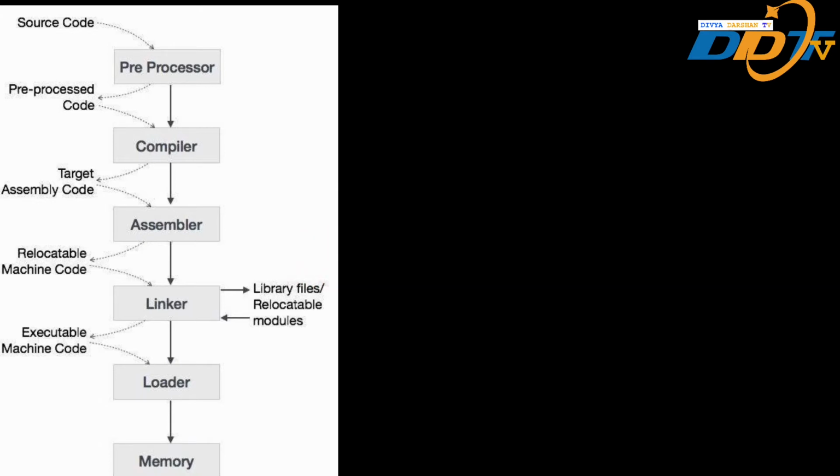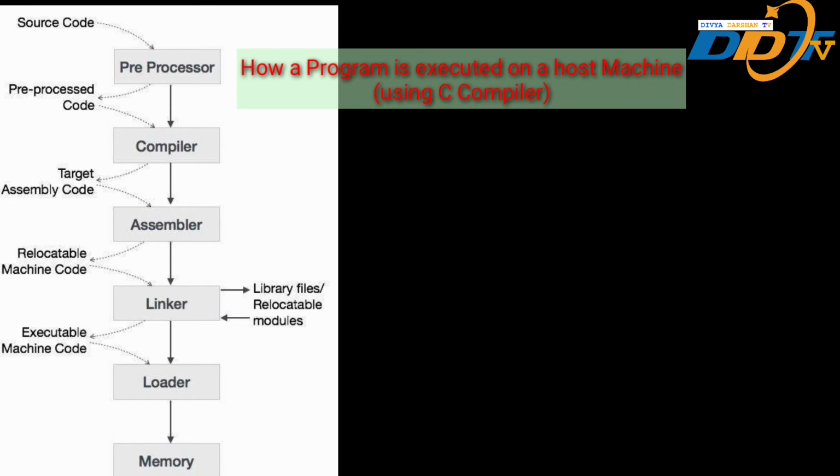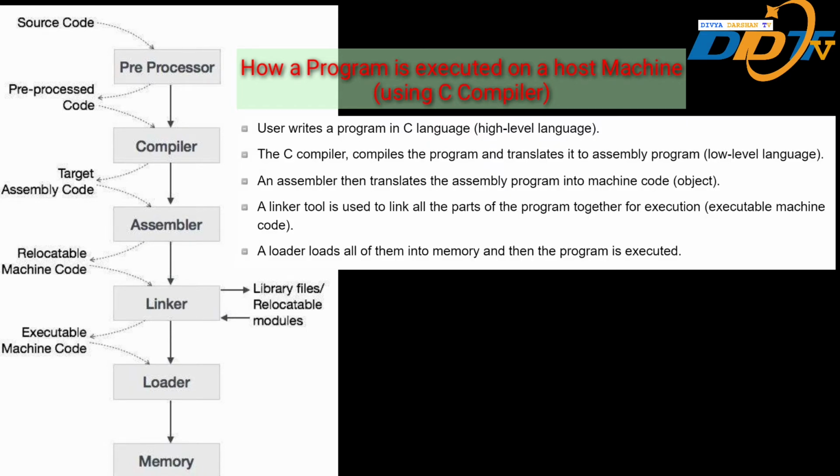Let us first understand how a program using C compiler is executed on a host machine. First of all, the user takes a program in C language, that is high level language, and after that C compiler compiles the program and translates it to assembly program, that is known as low level language, and after that assembler then translates the assembly program into machine code, that is object.